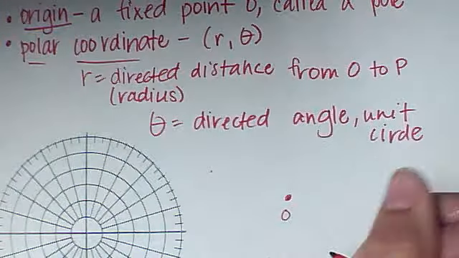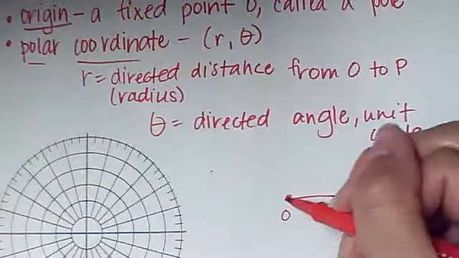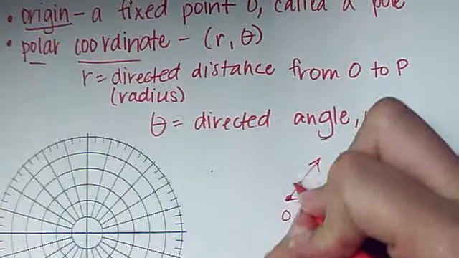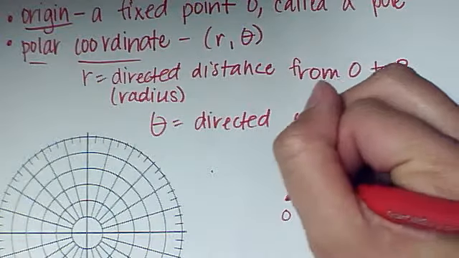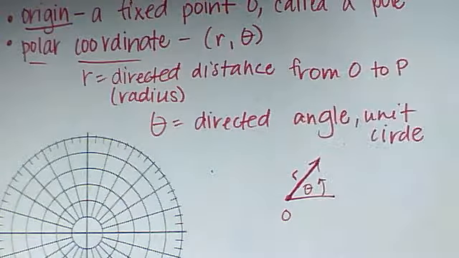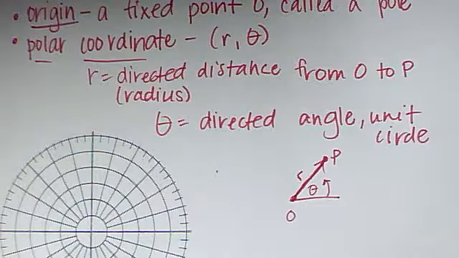If I start here at 0, and I start at 0 degrees, as far as thinking my unit circle, then I could take my angle out here. This distance is my r, and the direction is my theta. And so that would take me to a point P. Okay, that's how I'm going to use these things when I measure.